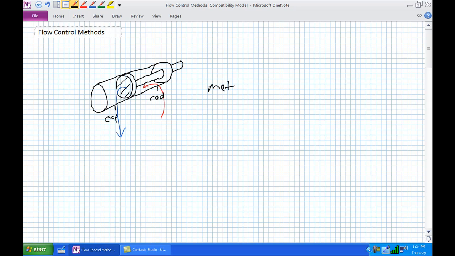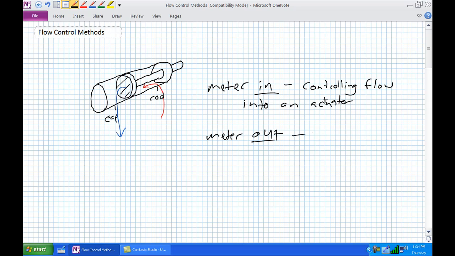Basically, meter in is controlling flow into an actuator. Meter out, appropriately enough, controls flow out of an actuator.